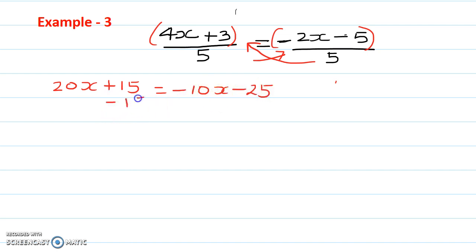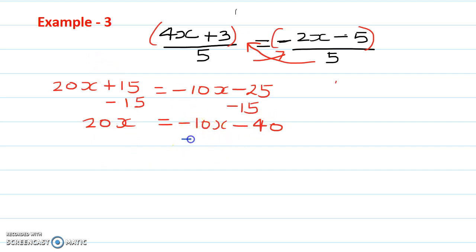So let's do minus 15 both sides. So we are left with 20x, that is minus 10x, and it will be 40, minus 40.